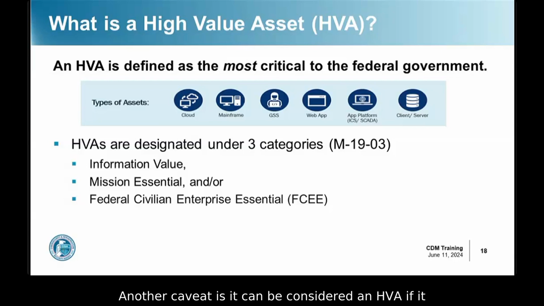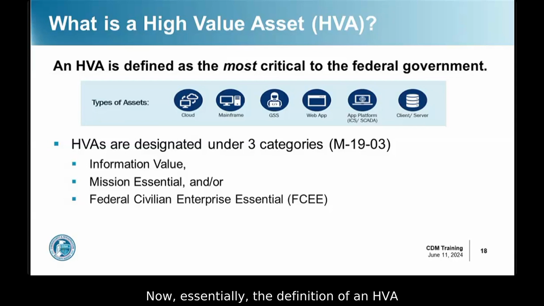Another caveat is it can be considered an HVA if it is essential for organizations to maintain the security and resilience of the federal civilian enterprise, or if the information or information system that processes, stores, or transmits the information is of high value to the government or its adversaries. Those are the categories that identify if an endpoint or system should be considered an HVA.